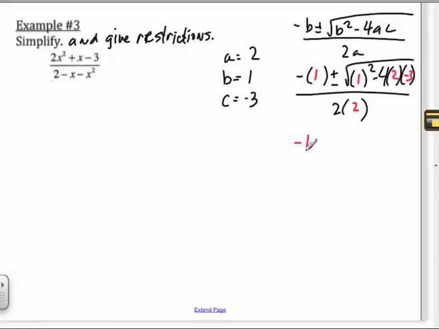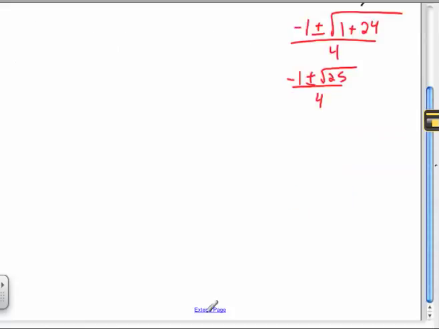So I get negative 1 plus or minus the square root of 1 plus 4 times 6, 24. So that's negative 1 plus or minus the square root of 25 over 4. So negative 1 plus 5 over 4 and negative 1 minus 5 over 4.